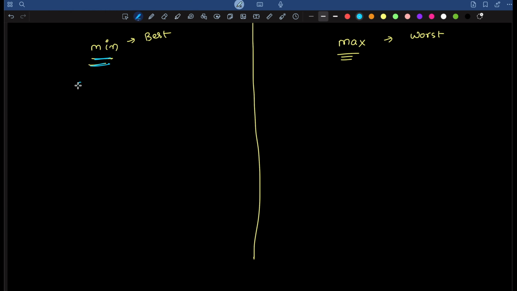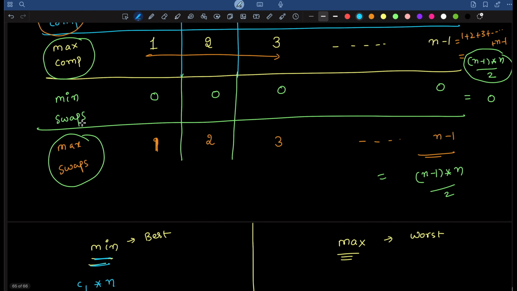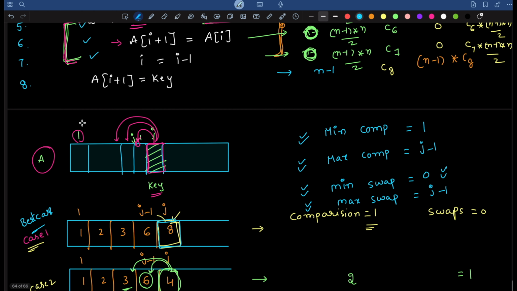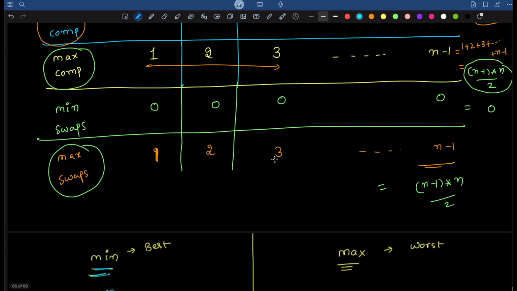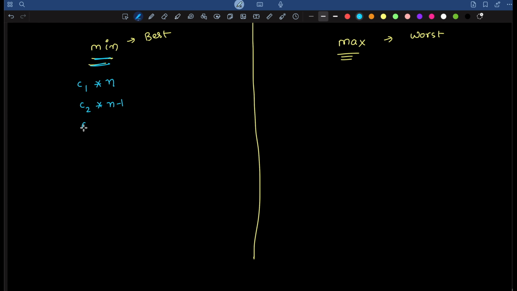For the minimum, the first few lines will be common, right? So C1 into n. The second line will take C2 into n minus 1. The third line is the comment line, so it will be 0, you can ignore it. The fourth line will require C4 into n minus 1.